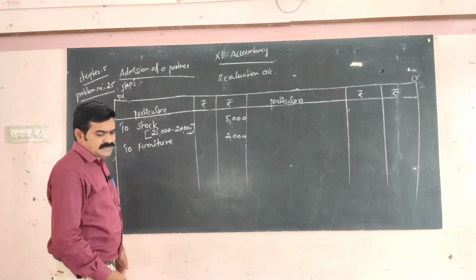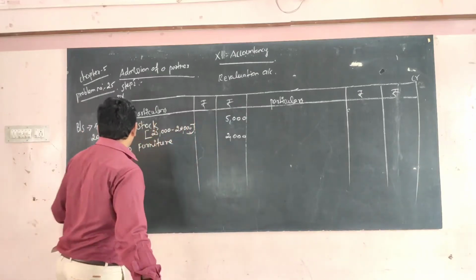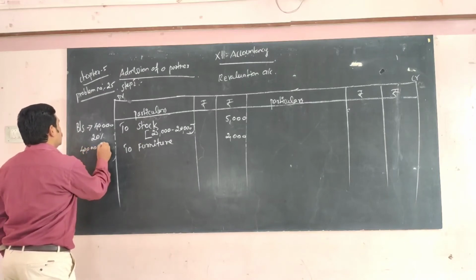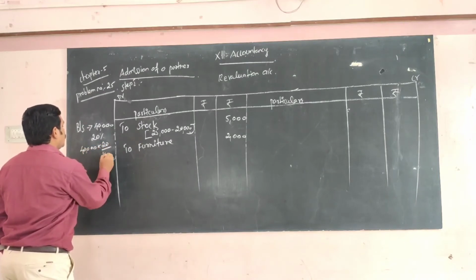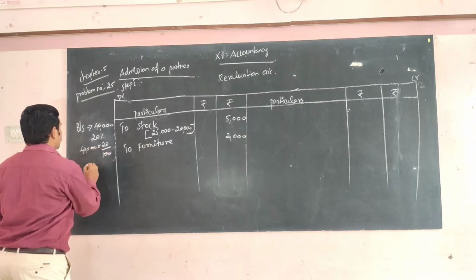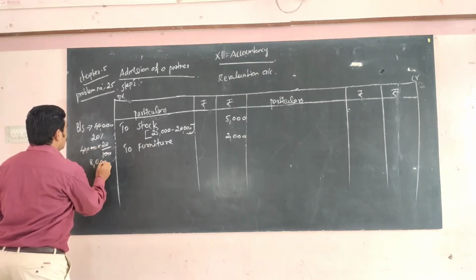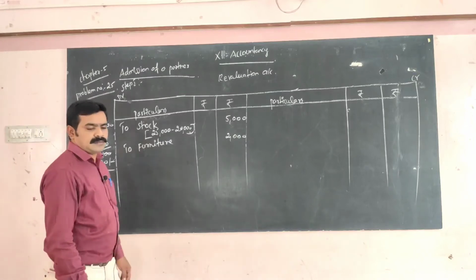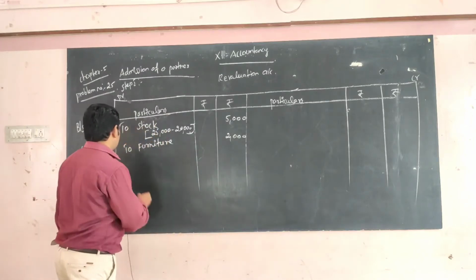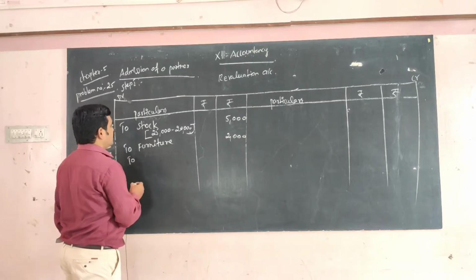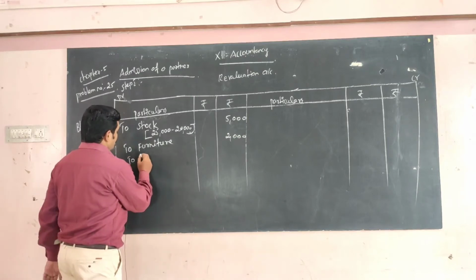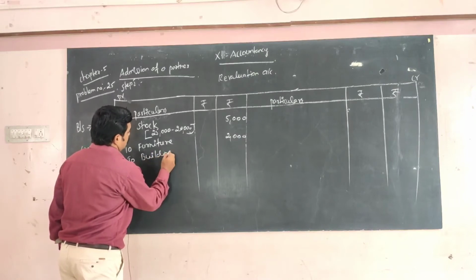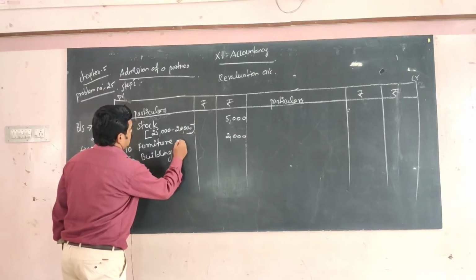That is 20%. So what is the depreciation value? 40,000 into 20 divided by 100. The value is 8,000. So, to building, building account.